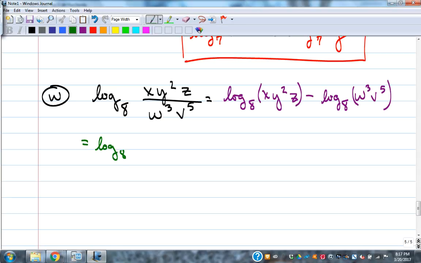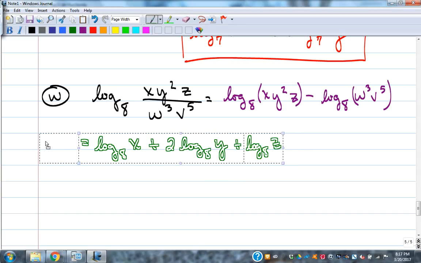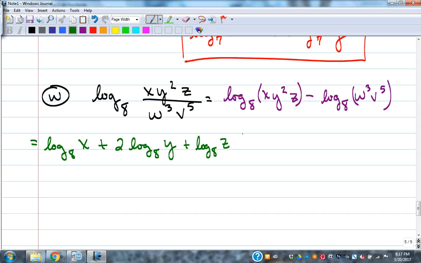So that first part's going to all be addition. So log base 8 of x plus, what can I do with the y squared? What moves to the front? The 2 can move to the front. So I get 2 log base 8 of y plus log base 8 of z. Now, I'm subtracting everything after that. It's very important that you realize that everything after that is subtracted because this minus sign is on all of that.